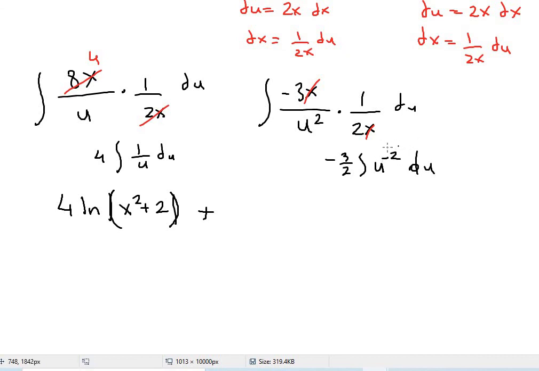Here we can apply the power rule. We add 1 to the power and divide by the new power. It's going to be u to the negative 1 divided by negative 1. Dividing by negative 1 makes this positive 3 over 2, and u to the negative 1 is 1 over u, which is 1 over x squared plus 2.